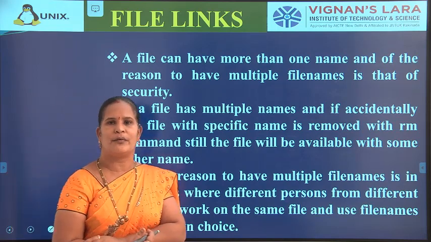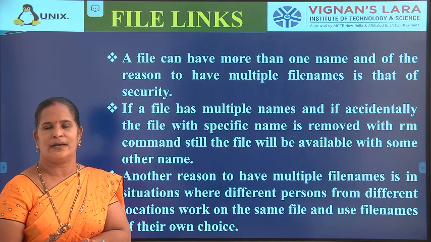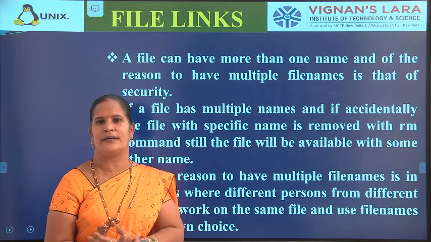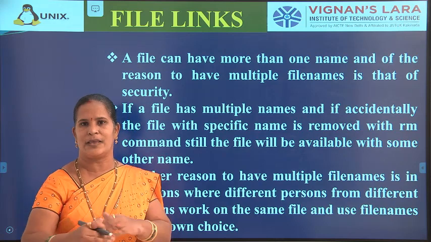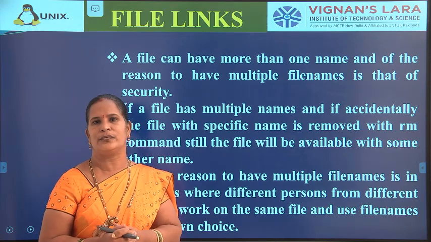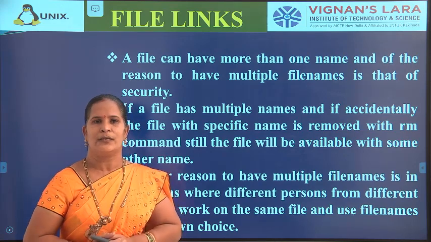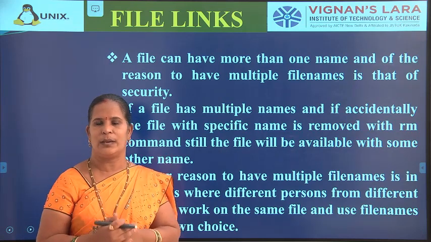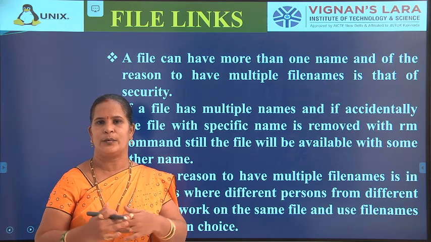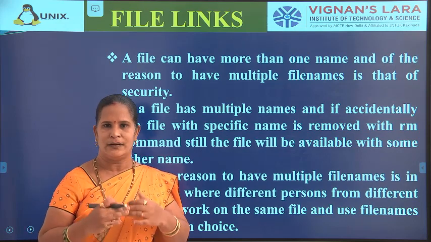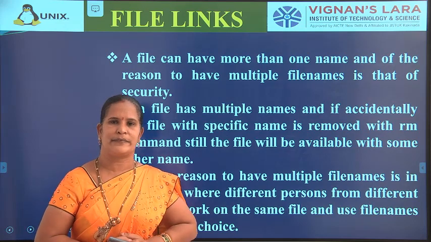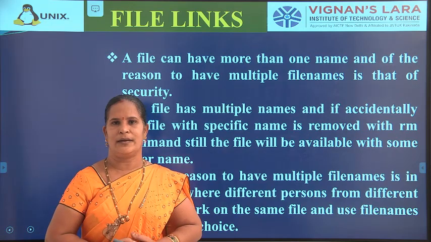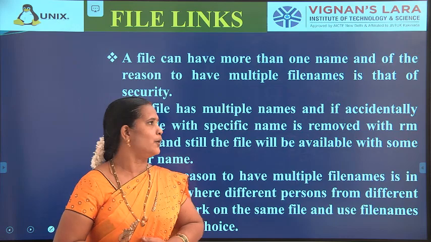In order to provide security for the data. For example, if different persons from different working locations work on the same file, it is difficult to use the same file name. So these different persons can specify their own names for the same file in order to provide security for the data available in a specific file. So a file can contain more than one name in order to provide security.